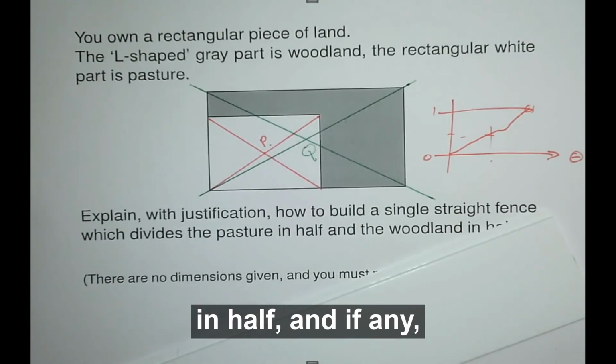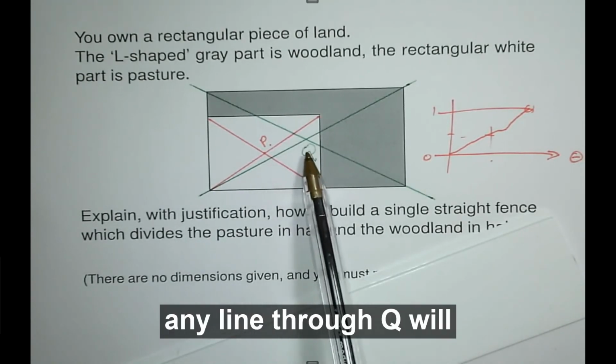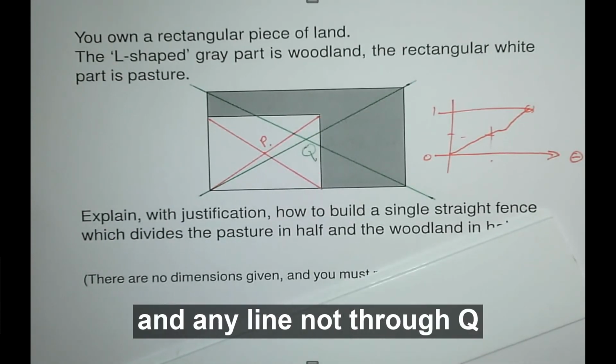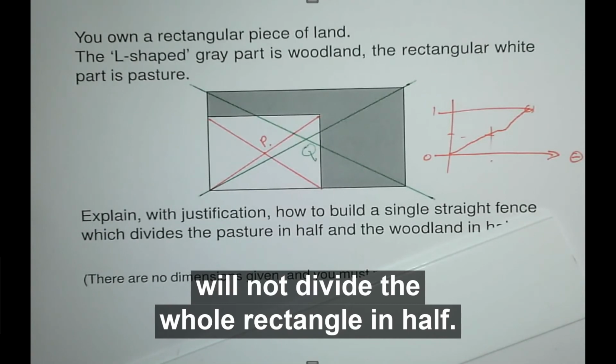And in fact, any line through Q will divide the whole rectangle in half, and any line not through Q will not divide the whole rectangle in half.